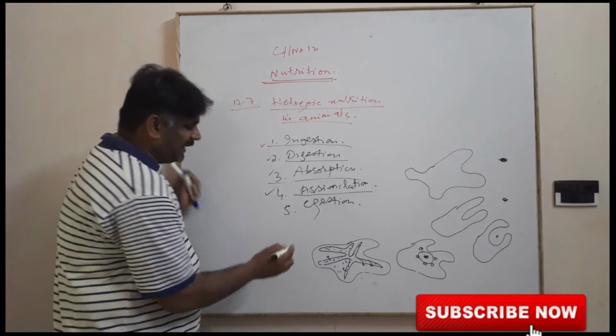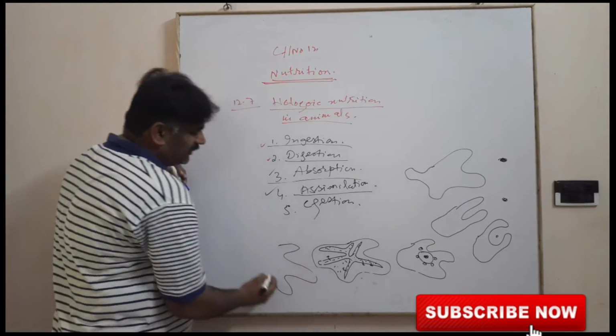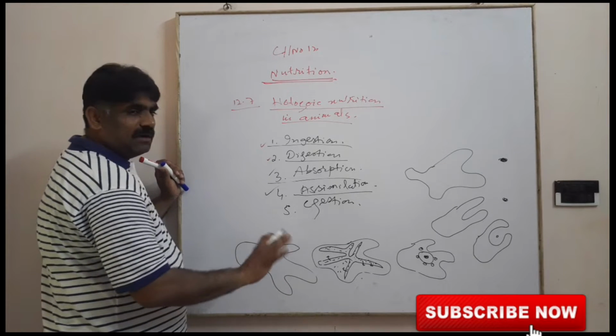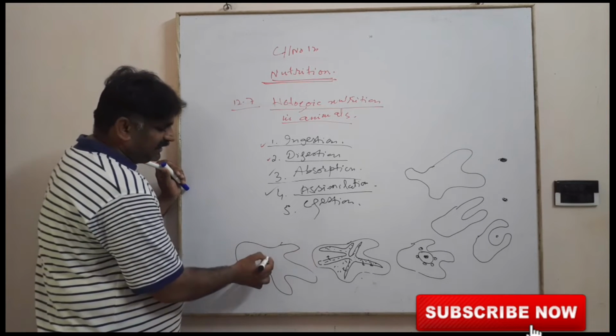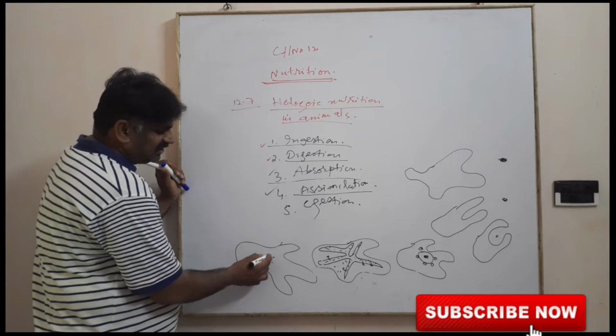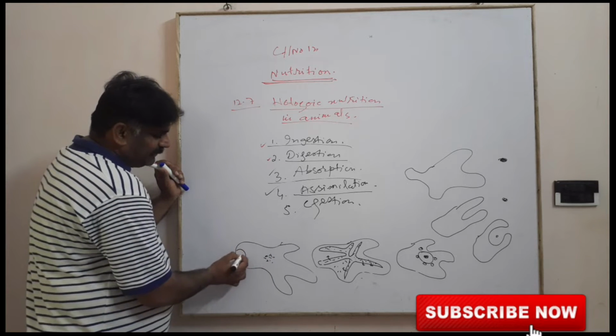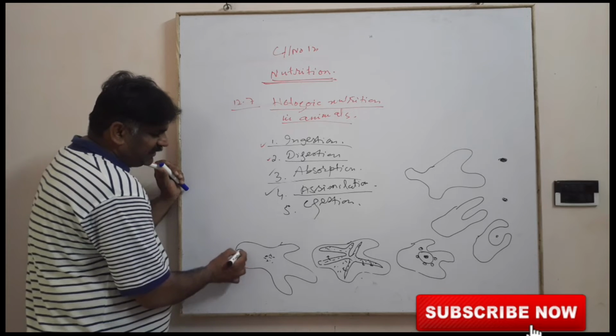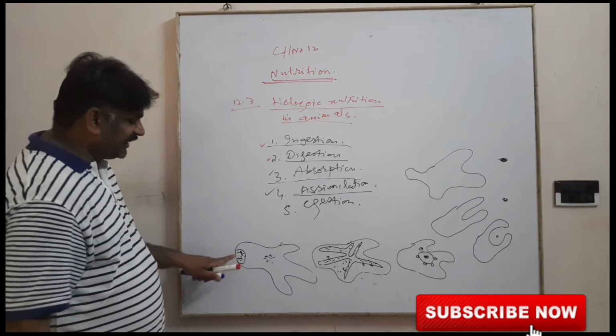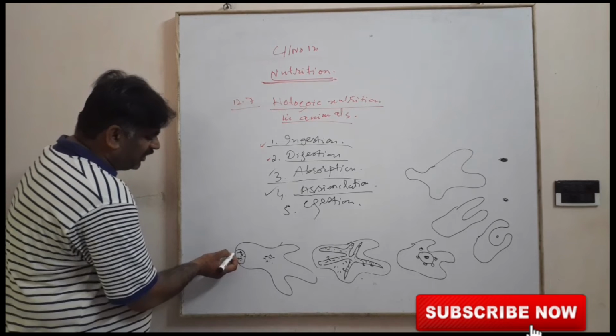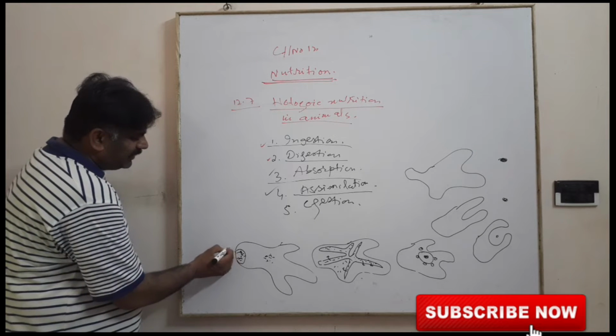Now the remaining undigested food particles, after complete digestion, fuse with the plasma membrane of the amoeba at its rear end, and from there they are removed out.